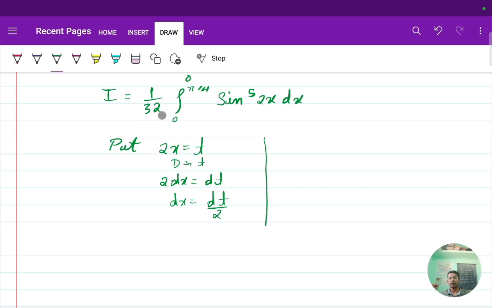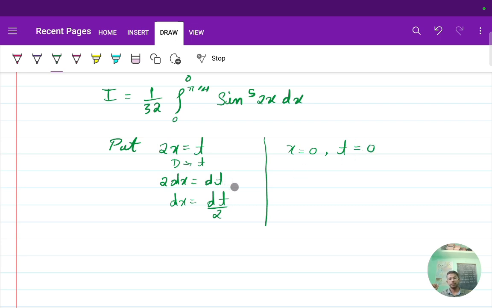Now let us put the limits. When x is equals to 0, what is the t value? The t value is also 0, because 2 into 0 is 0. So t is equals to 0.